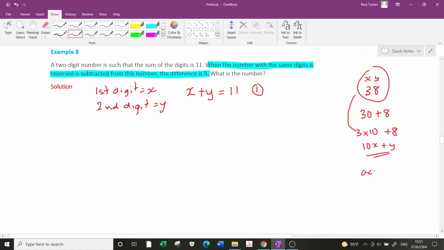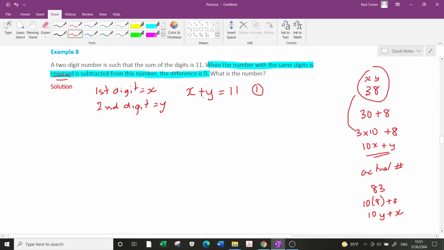So this is the actual number. Okay. So if that's 38, what is 83 then? This would be 10y, or 10 times 8 plus 3, which is 10y plus x. That's when you reverse it here, when the number is reversed. So 38 is like writing 10x plus y. 83 is like writing 10y plus x.